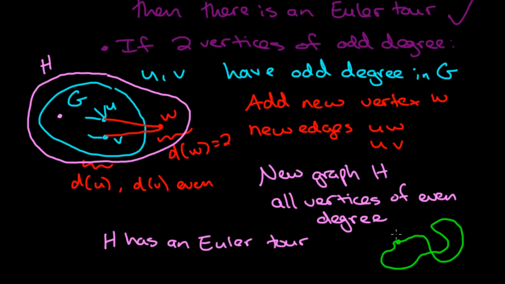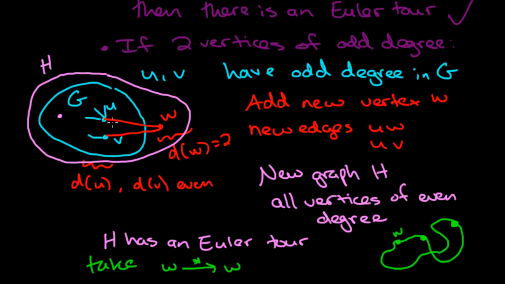It doesn't matter where you say the end and the start is once you have a closed trail. So in this Euler tour, we can take the Euler tour to start at W and then end at W.